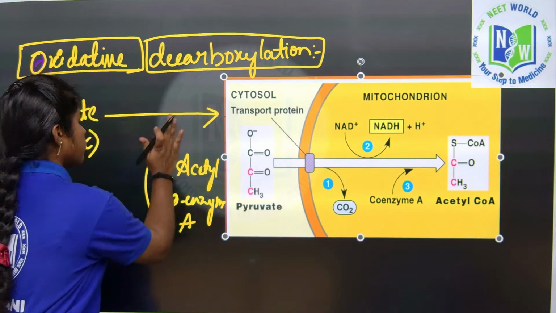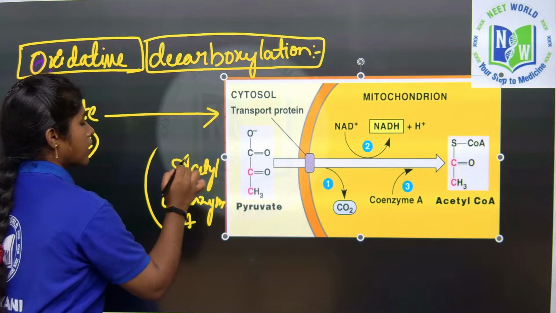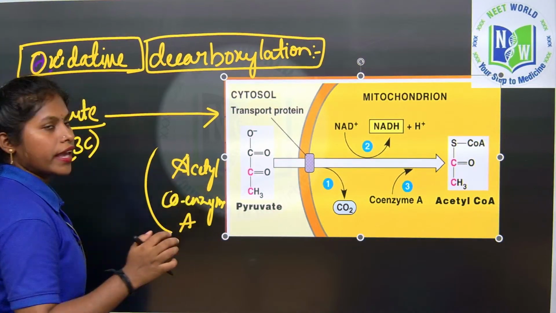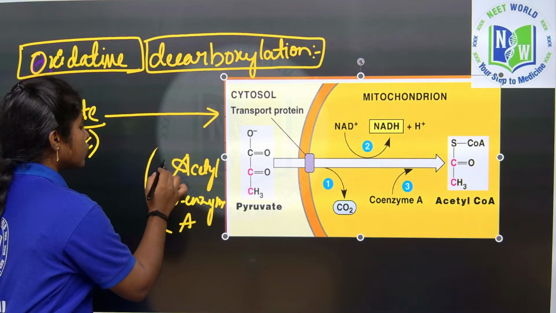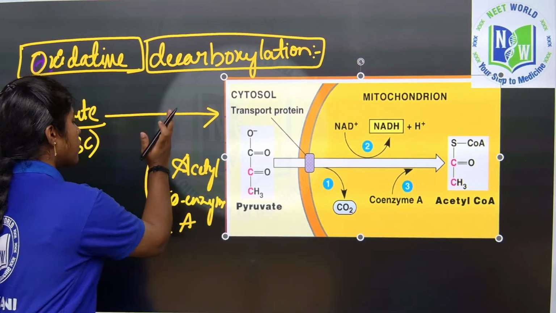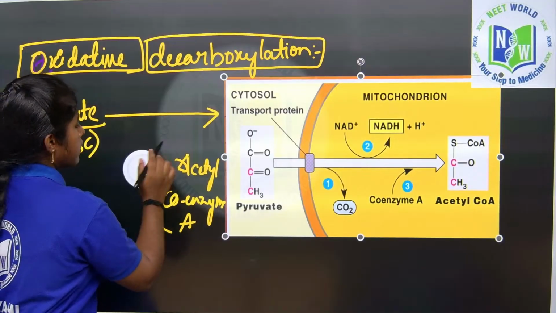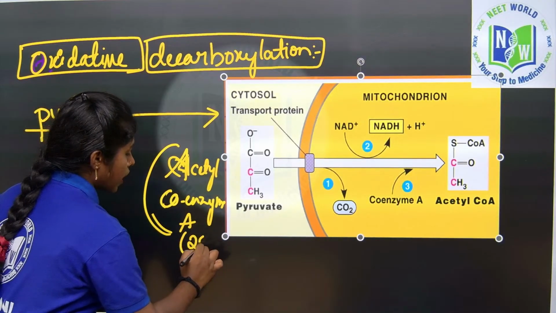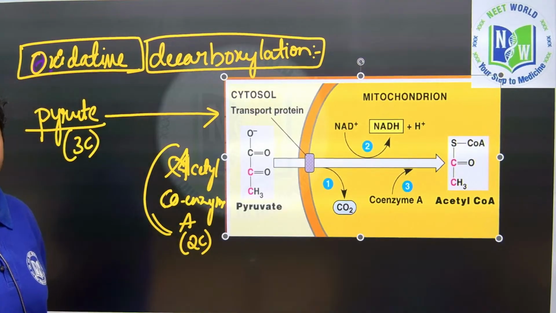We will calculate for one first. So one pyruvate molecule is converting to the acetyl-CoA, it becomes the 2 carbon compound, which means one carbon is eliminated now.